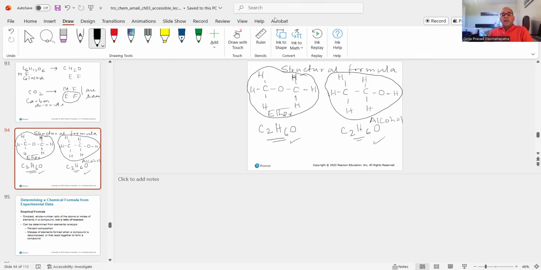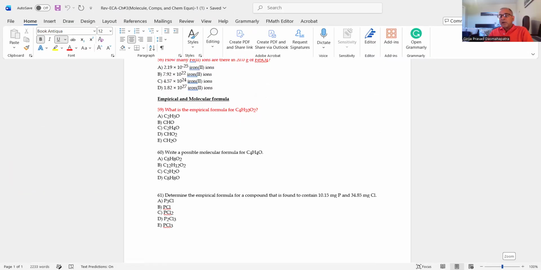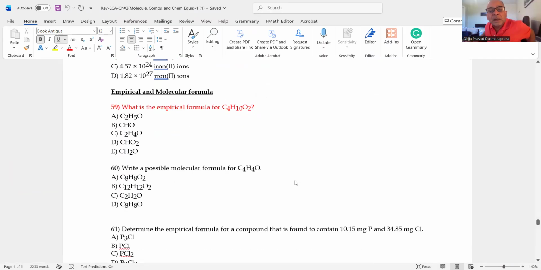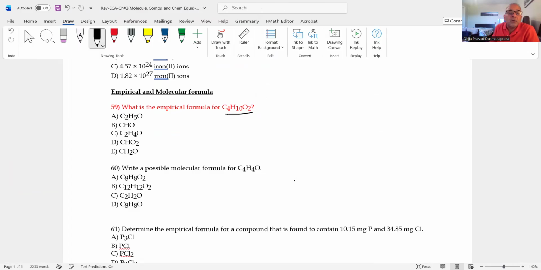Now, let us try to find out more about empirical formula and molecular formula, and let's discuss some of the problems we have. So look at it, we are trying to find the empirical formula of this particular compound. First thing, look at the way it has been represented.